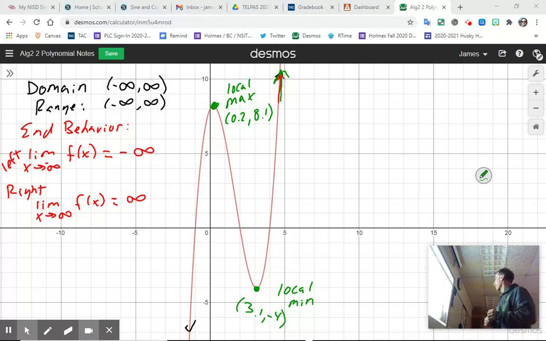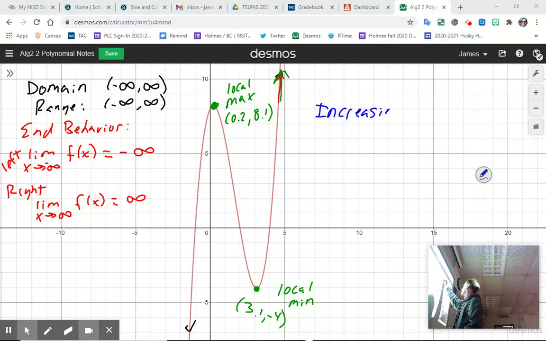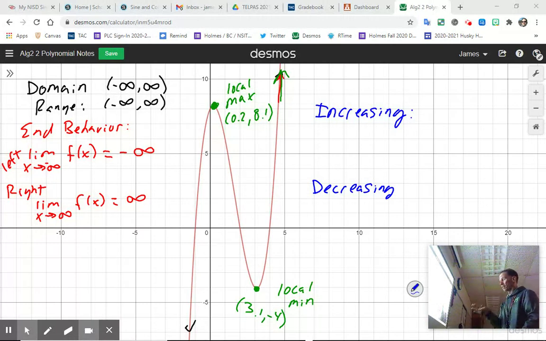Okay. And then the last topic was increasing, decreasing intervals. And again, I like doing that last because it's after we have our maximum and minimums labeled. So for our increasing intervals, it's literally like as you're looking at the graph, it's almost like you're reading a book.